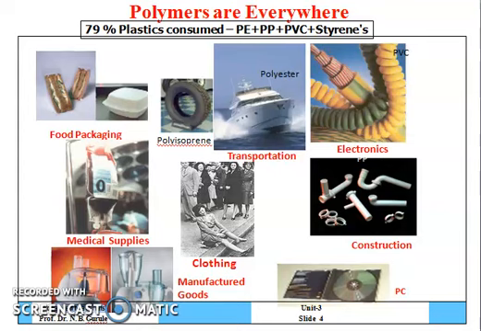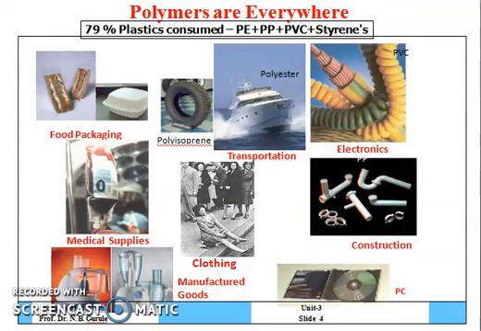Almost 80% of products are made from plastic, and the variety of applications of plastic includes food packaging items, then transportation components, electronic components, construction components, clothing, medical supplies, then household components and components of laptop and PC.